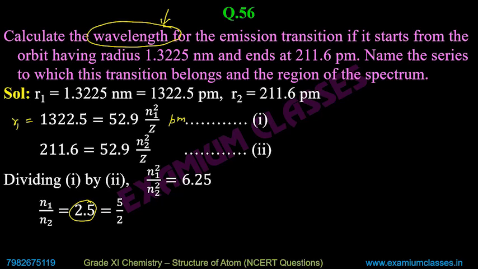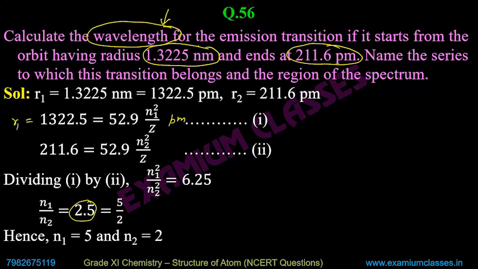In this case, only radius is given. So if radius is given, related to radius, we have orbit. That's what we can get from radius. So we have got the orbit number for both. Once we have this orbit, that is n1 is 5, n2 is 2, now we can get wavelength and then we can name the series. Whenever the question is name the series, it will always be based on that orbit which is lower.